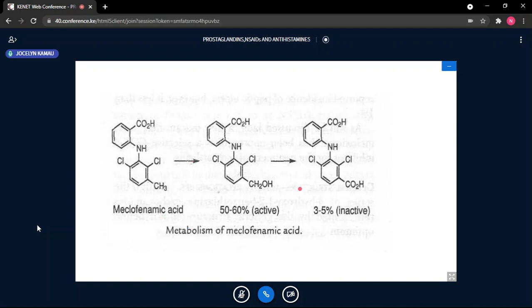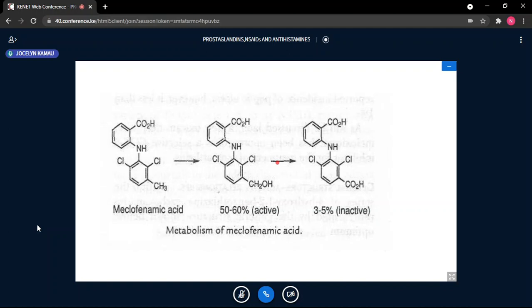So meclofenamic acid mainly undergoes formation of the hydroxymethyl derivative, which can also go to carboxylic acid. Of course, this also can always undergo glucuronic conjugation. This group always can undergo glucuronic conjugation. That group also can undergo glucuronic conjugation. So that is the main metabolism.